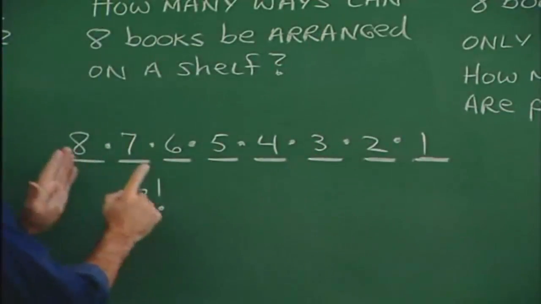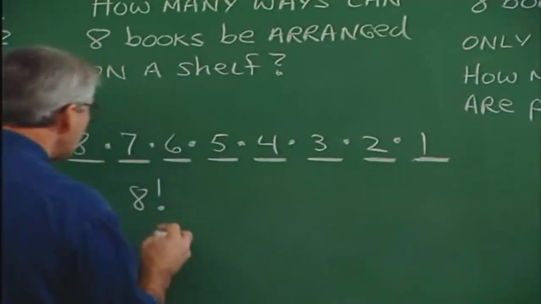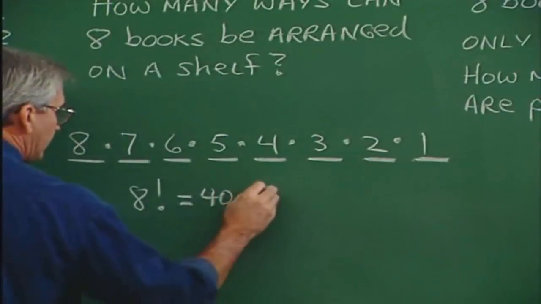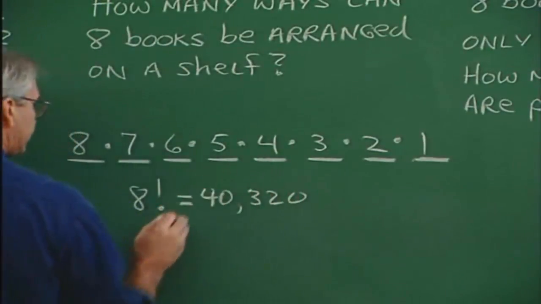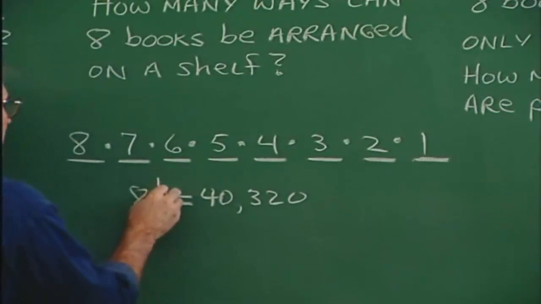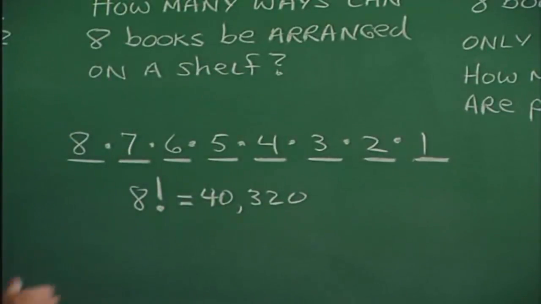It is 8 times 7 times 6 times 5 times 4 times 3 times 2 times 1. And it turns out that the value is 40,320 for 8 factorial. The notation for factorial is the exclamation point. And we'll be using factorials quite a bit.